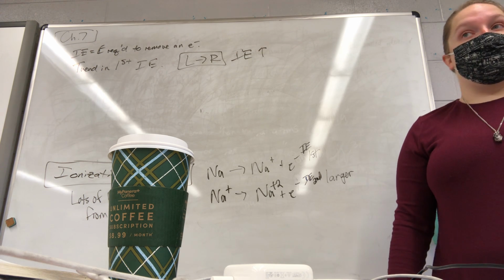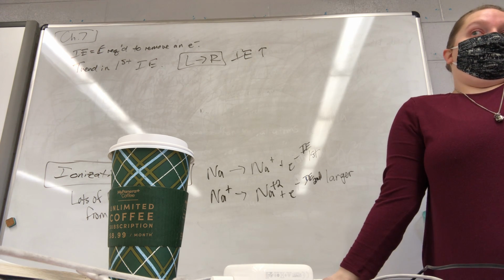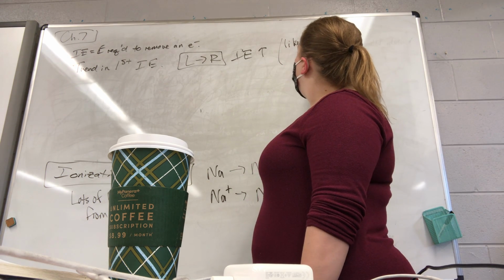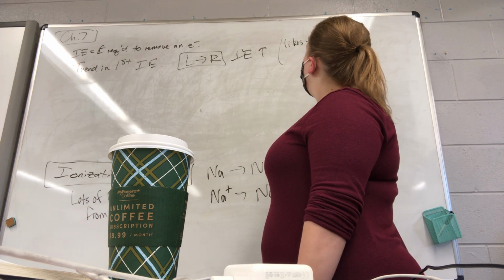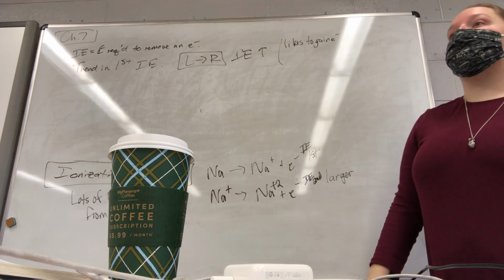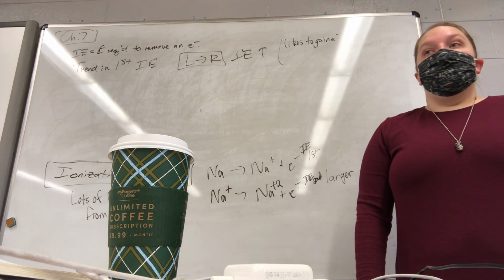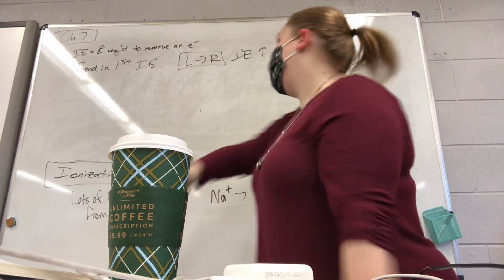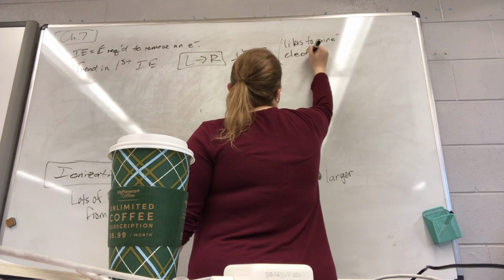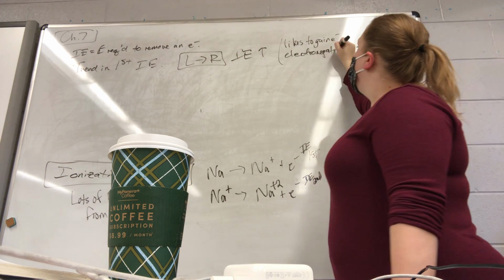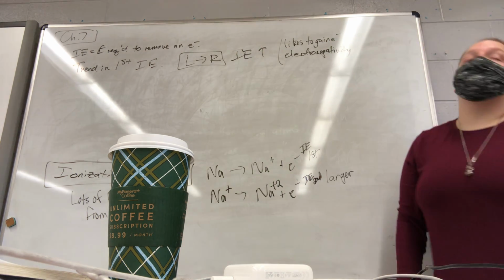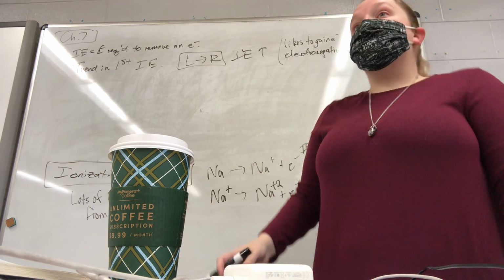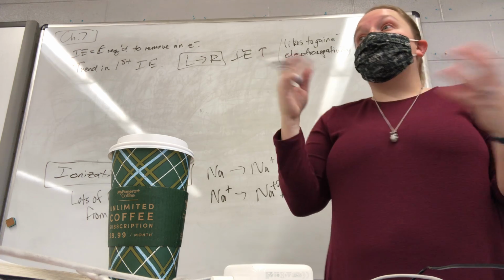Why? Because as you go to the right, it wants to gain instead of lose. Likes to gain. Okay. What other reasoning could you give me? Really cool concept. Fluorine is the most electronegative. You could give me an atomic radius based explanation.